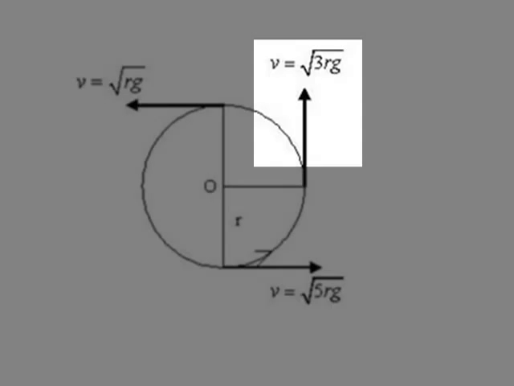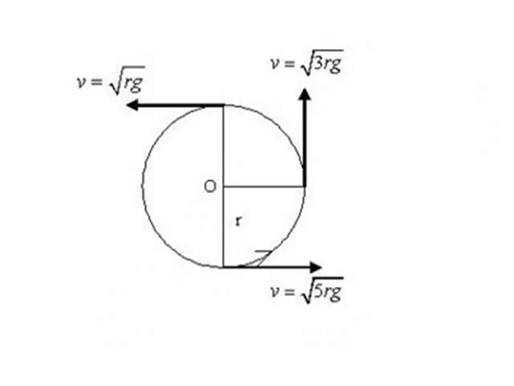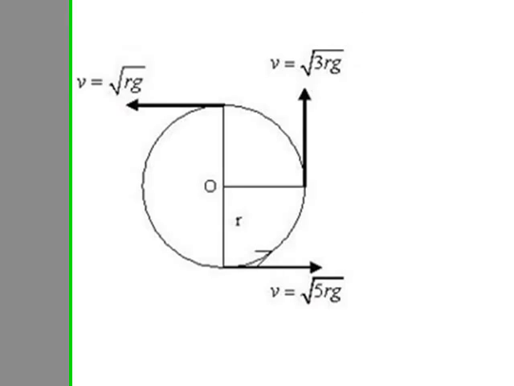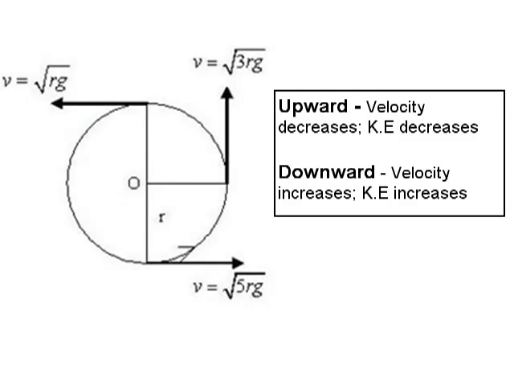Even though the velocity of the body in vertical circular motion is all the time changing, the energy of the body remains constant, because while going up the velocity is decreasing, so the kinetic energy decreases. While coming down the velocity is increasing, so the kinetic energy is increasing.